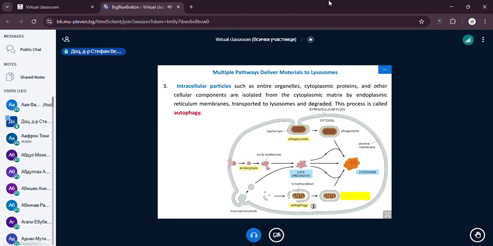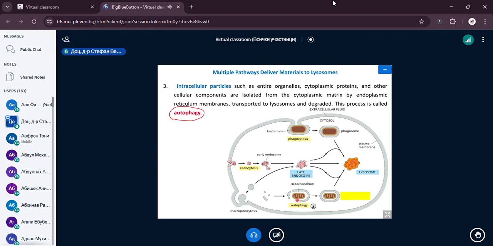And the third one is for digestion of obsolete organelles or elements of the cytoplasm of the cell itself. This process is called autophagy. The cell eats, degrades its own components.